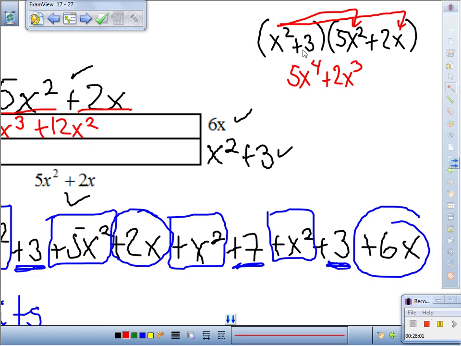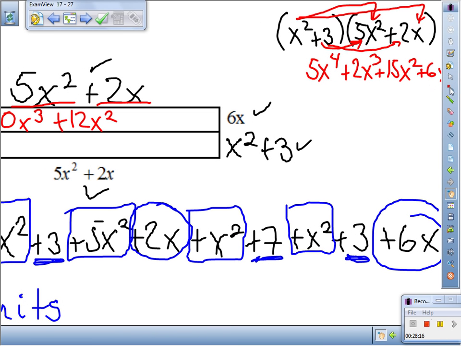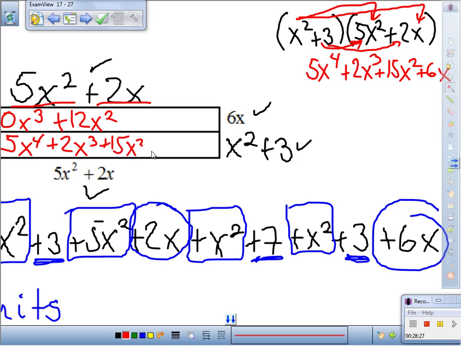Okay? What is 3 times 5x squared? 15x squared. And what is 3 times 2x? 6x. Do I combine anything? No, and that goes in that box right there. We got 5x to the 4th plus 2x to the 3rd plus 15x squared plus 6x.